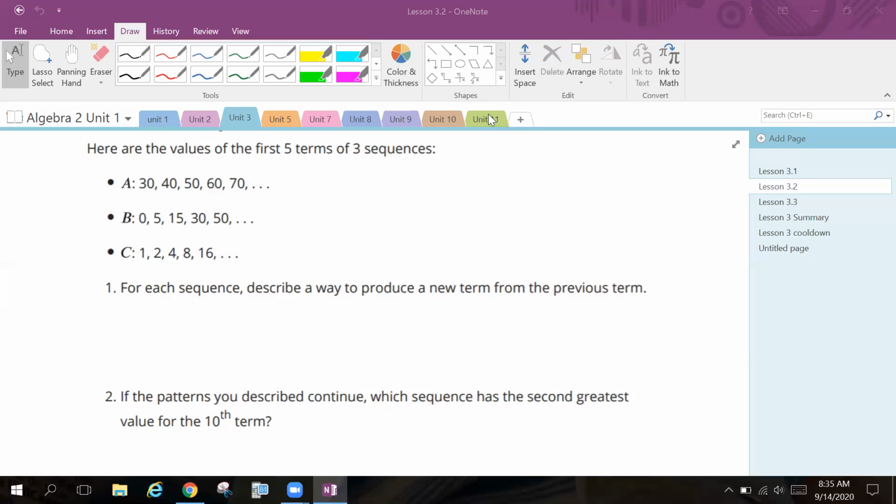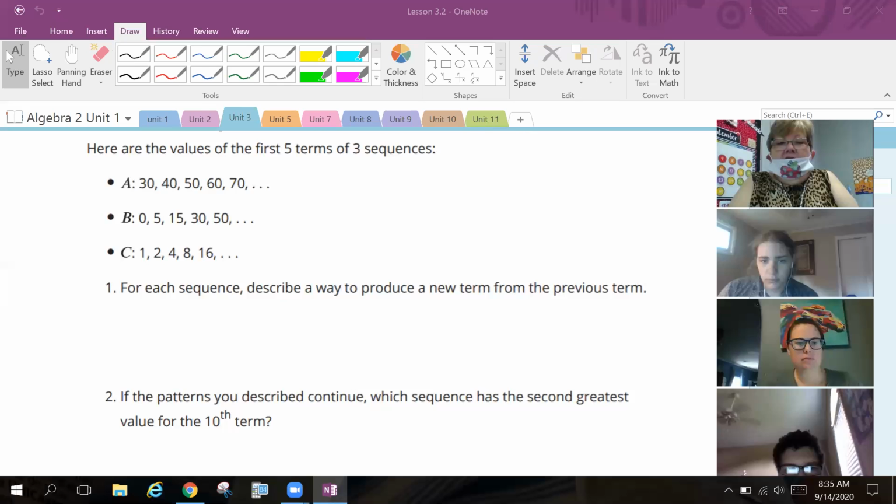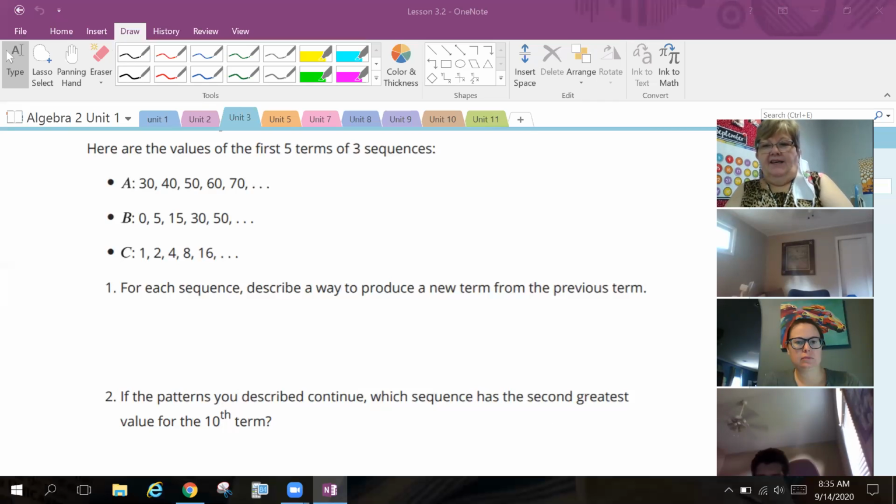Anybody figure out B, sequence B? Okay. So any of my online kids, did y'all figure out letter B?